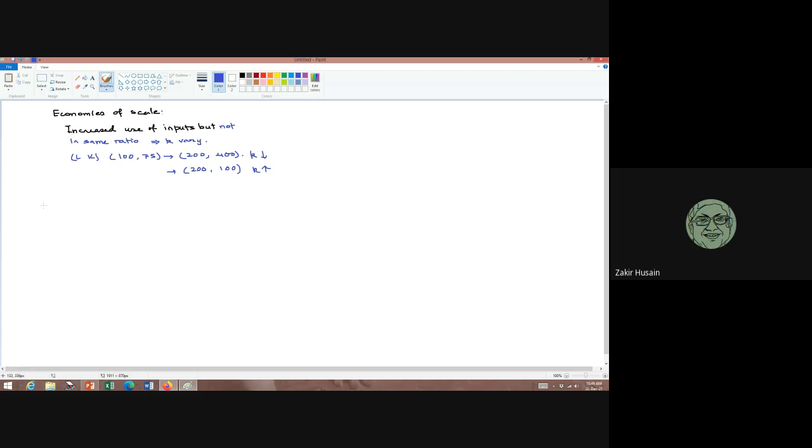Okay. How will output change? Output will obviously go up, but this is the important point. Look at what is happening to average cost. So this is total cost by quantity.